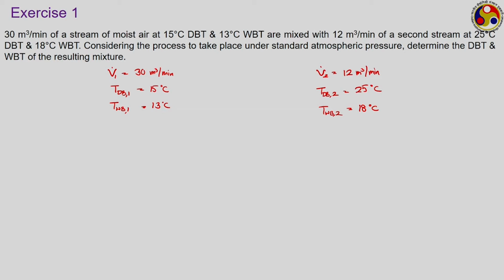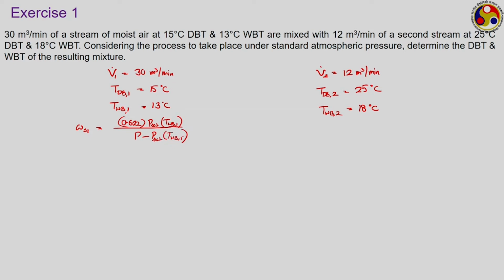Now, we know the dry bulb and wet bulb temperature for both the streams. So, from there we can easily calculate the value of omega. For the first one, we can easily calculate omega S1, which should be equal to 0.622 into the saturation pressure corresponding to the wet bulb temperature, divided by P minus P sat corresponding to this wet bulb temperature.